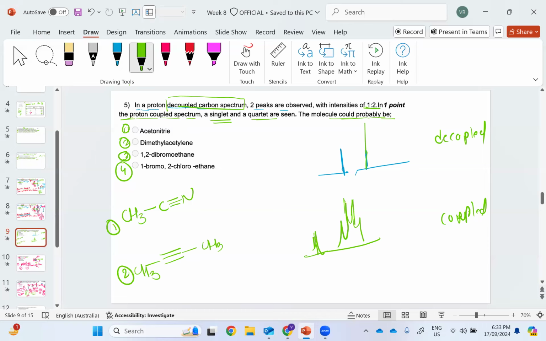Third is given 1,2-dibromoethane, right? CH2, CH2, Br, Br, right? 1,2-dibromoethane. And fourth is given 1-bromo-2-chloroethane. So now I will write here itself, Cl and Br, right? So these are the four options given here.